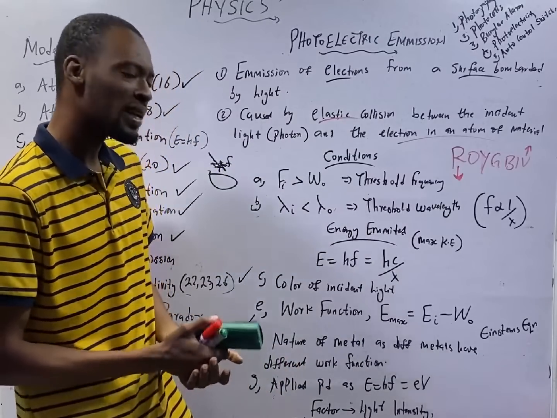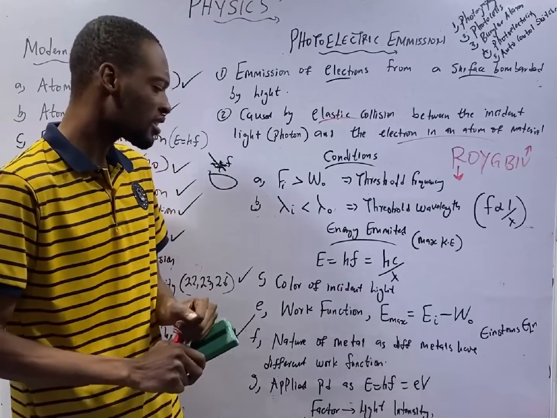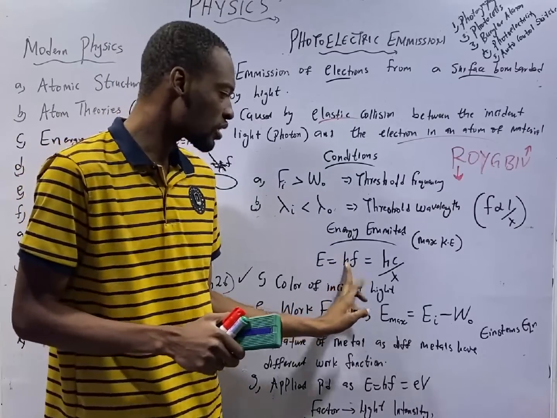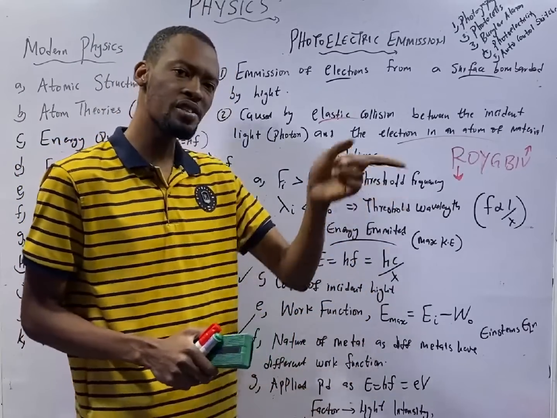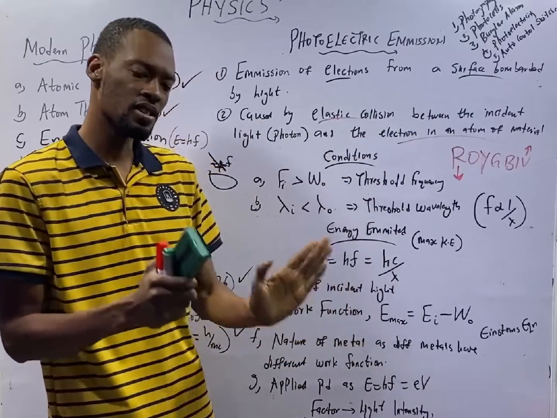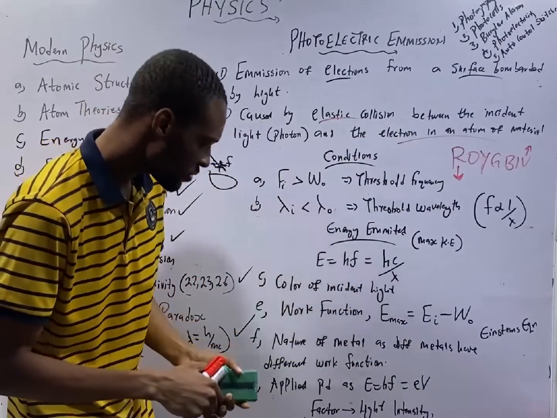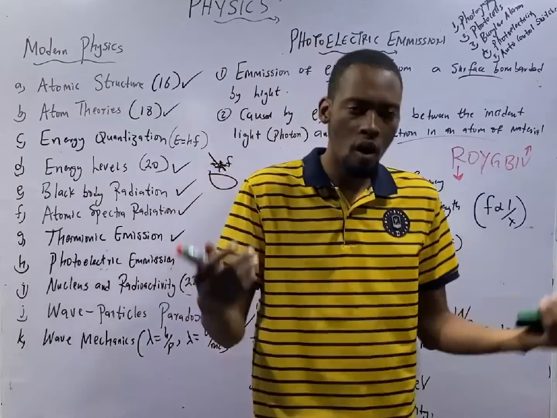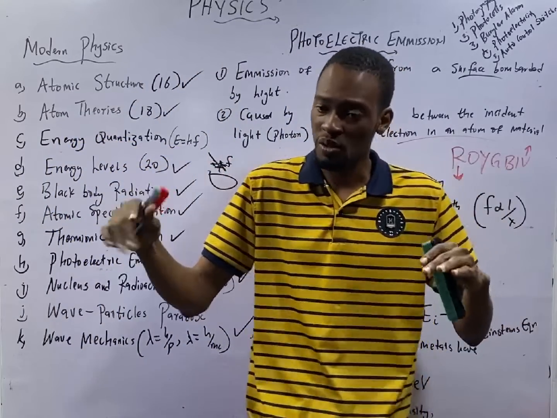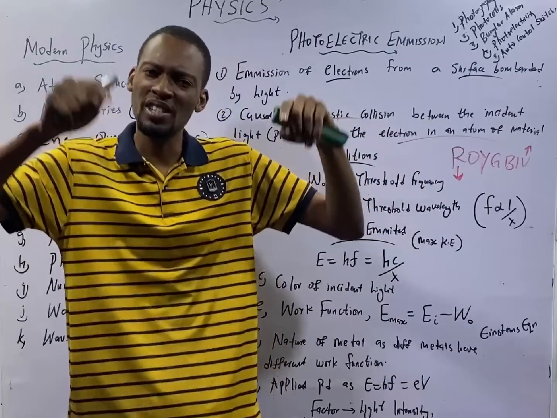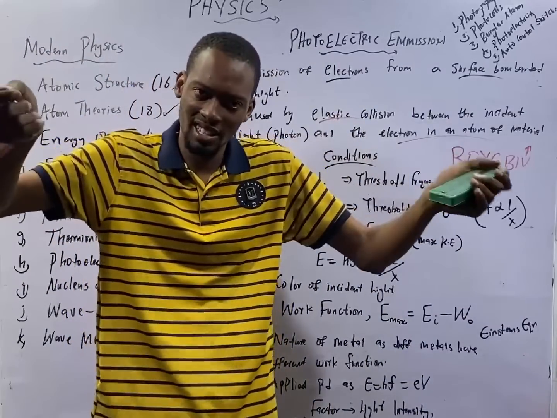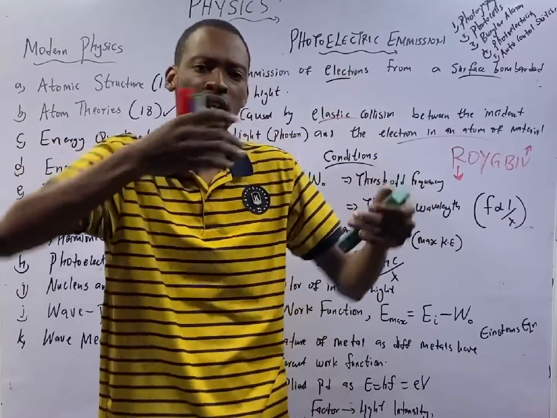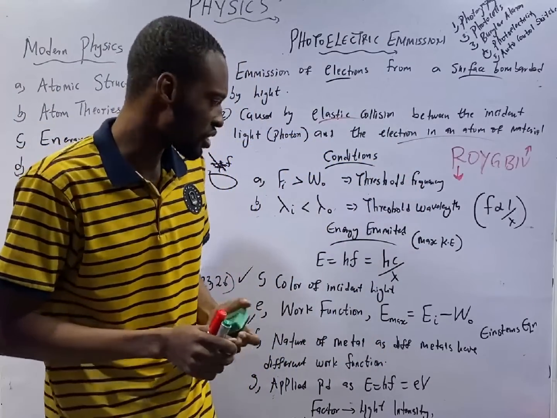And the applied potential difference or voltage affects photoelectric emission, because E equals hf and it equals eV. Energy equals eV. And a major factor that affects the number of photoelectric emissions is the light intensity. Light intensity affects the number of photoelectric emissions.